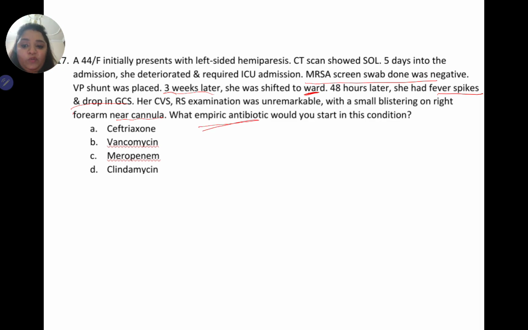So what are you dealing with in this condition? Basically this is a patient who has come with left hemiparesis. Initially she was in ICU for 3 weeks, then shifted to the ward, and now you're seeing that the patient is having fever spikes and a drop in GCS. That could have been due to the initial lesion, but fever is not explained by that. And also you're seeing some small blistering on the right forearm near the cannula.